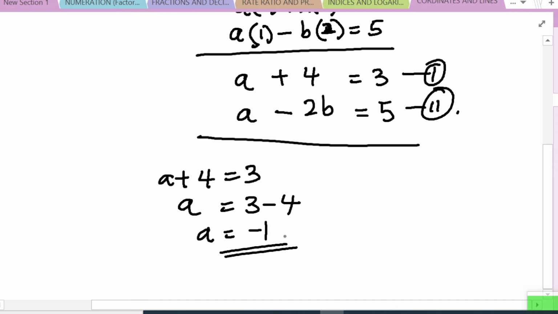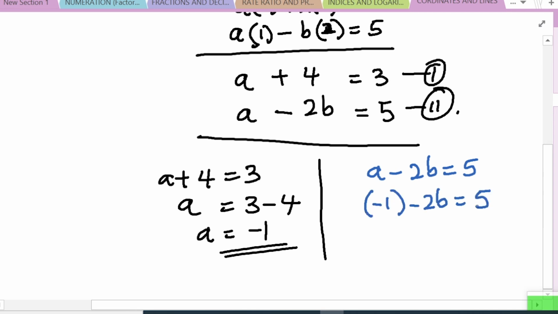So now that we have a, can we find the value of b? Yes, we can. From the second equation, we know that a - 2b = 5. Let's substitute the value of a, which is -1: -1 - 2b = 5. So that's going to become -2b = 5, and the -1 goes to the other side and becomes +1.